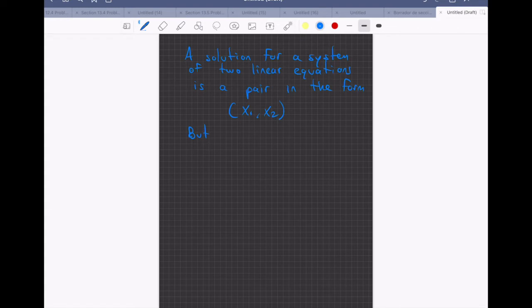One solution for a system of two linear equations is one that, once we have substituted into the equations, we obtain a true statement. But in this case, we need to obtain a true statement for all the equations. It must satisfy all the equations, in this case too.